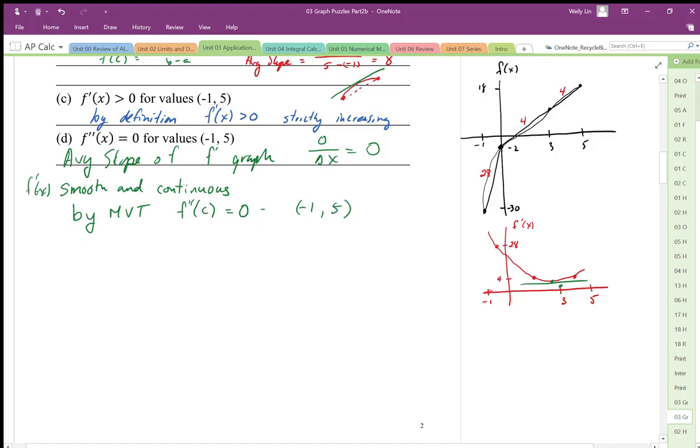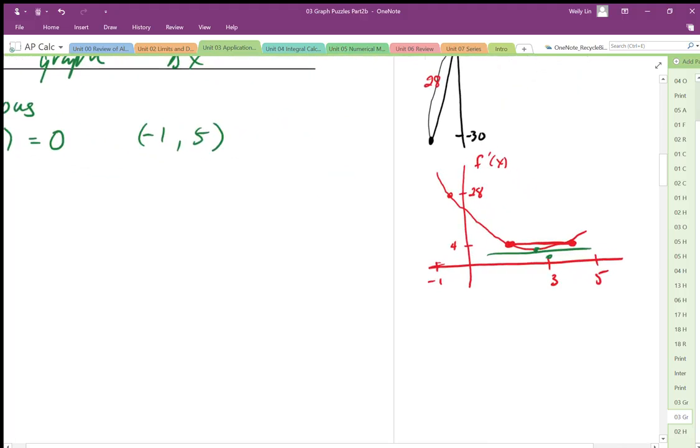Okay, so this is an application of the mean value theorem because we know that the average slope is equal to 0. That means that there must be some instantaneous slope, or second derivative, that is equal to 0 between these 2 coordinates here. Because the slope is 4 here, the slope is 4 here. If it goes straight across, we have a slope of 0, which means the second derivative is 0.